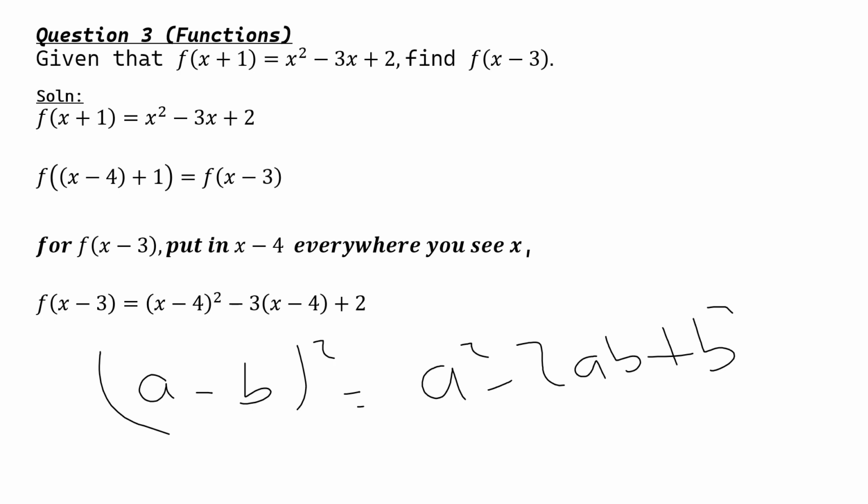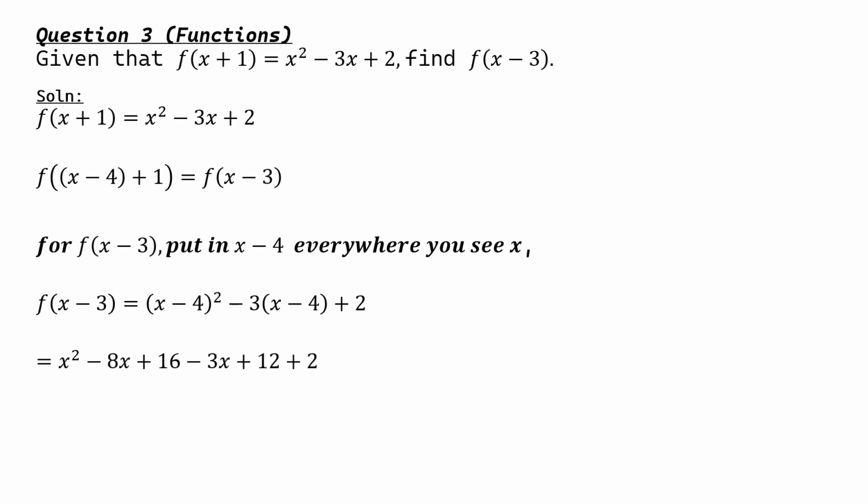So when we do that and we also do the negative 3 multiply x minus 4, what do we have? We have f of x minus 3 to be x squared minus 8x plus 16 minus 3x plus 12 plus 2. And when we do that, we have f of x minus 3 to be x squared minus 11x plus 30. Simple.